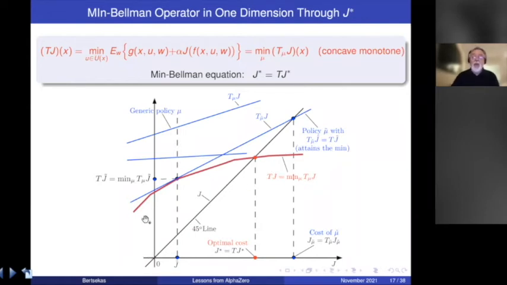I think the thing to notice is that the red operator is concave. And also at J tilde, the blue operator that attains the minimum is tangent, and provides a linearization of the red operator at this point. Now, this linearization is going to be key for understanding the role of Newton's method.